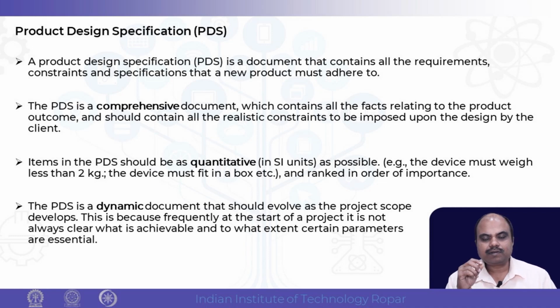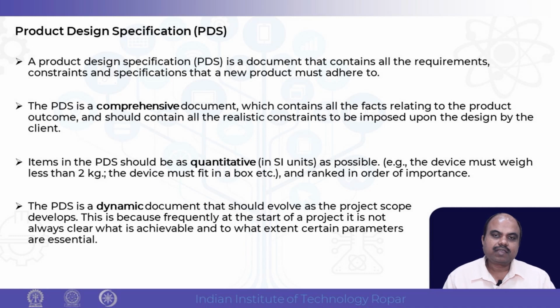Lightweight has a different notion for different users, right? Obviously we understand that a lightweight laptop should be heavier than a lightweight mobile, but there is no measure of it. So here we are going to say the laptop should be less than 2 kg in weight.